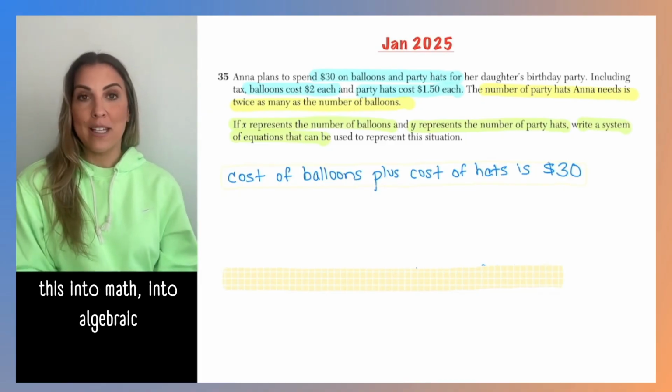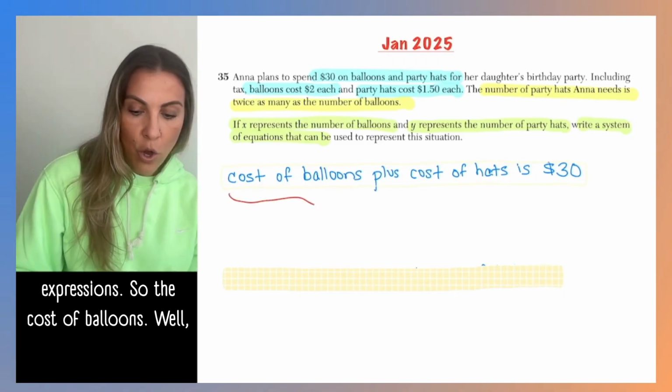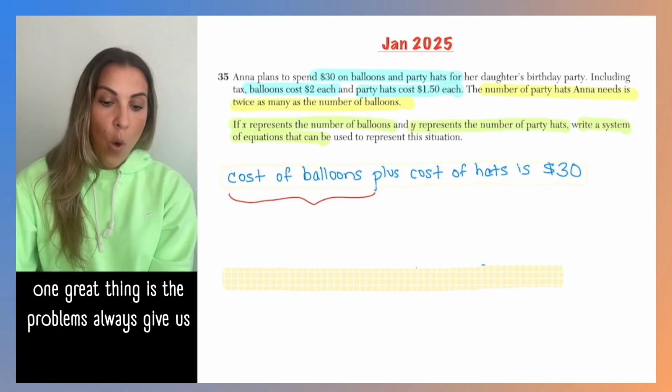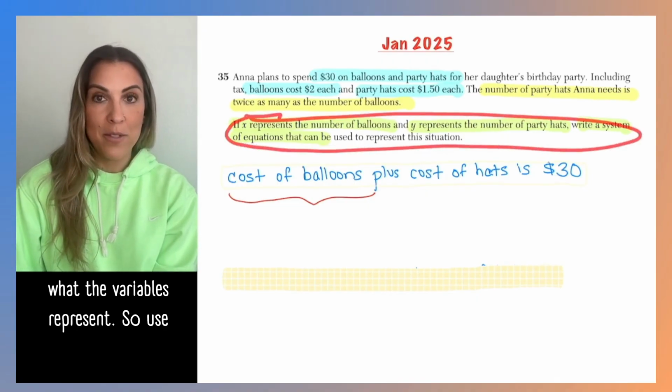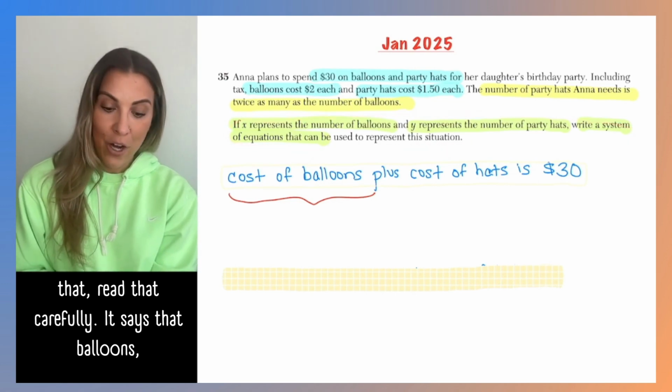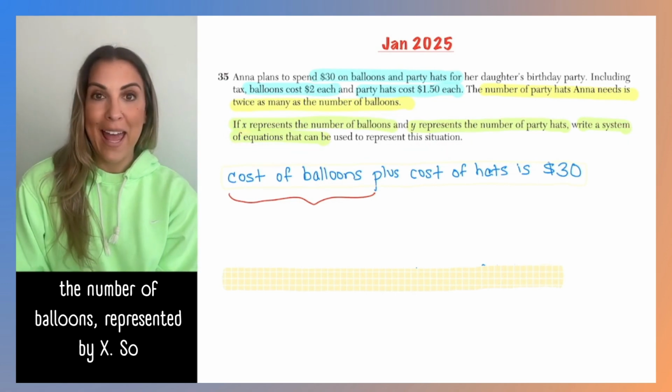Now I have to translate this into math, into algebraic expressions. So the cost of balloons. Well, one great thing is the problems always give us what the variables represent. So read that carefully. It says that the number of balloons is represented by x.